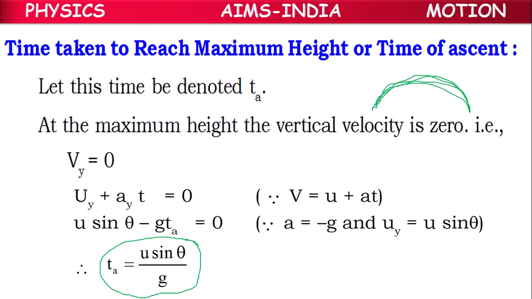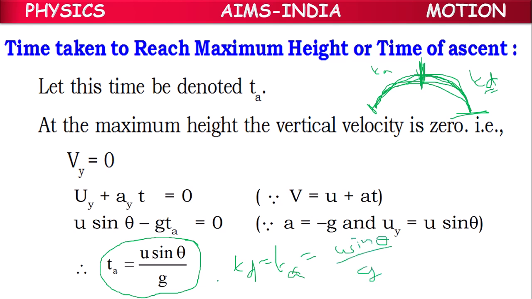But we have to remember one thing here. While going up to reach the maximum height, the time taken is called time of ascent. From the maximum height, to reach the ground, the time taken is called time of descent, which is equal to time of ascent. Time of descent also is equal to u sin theta by g.